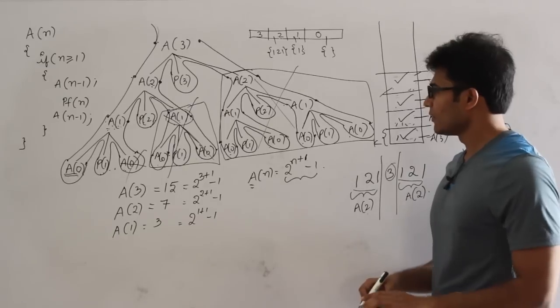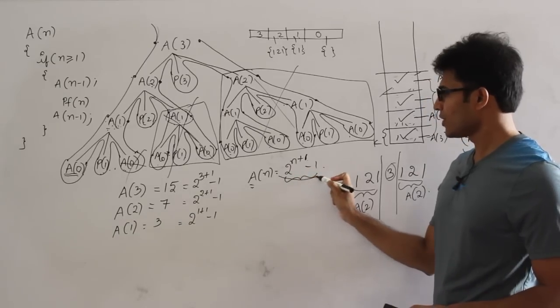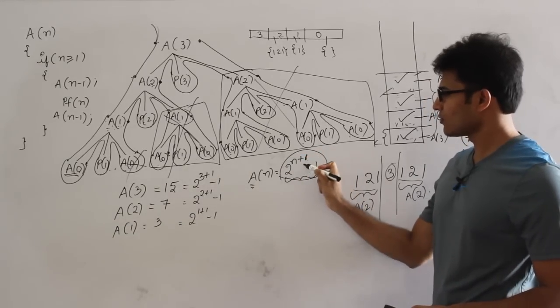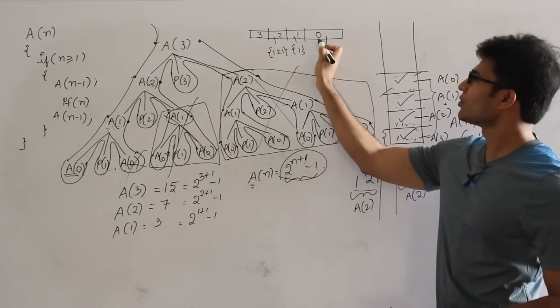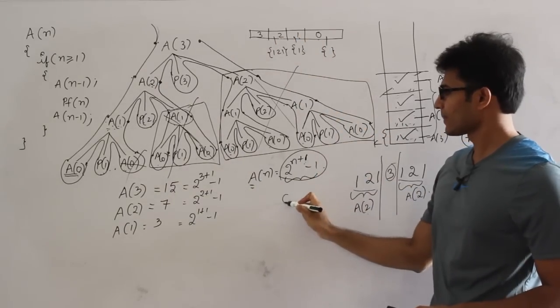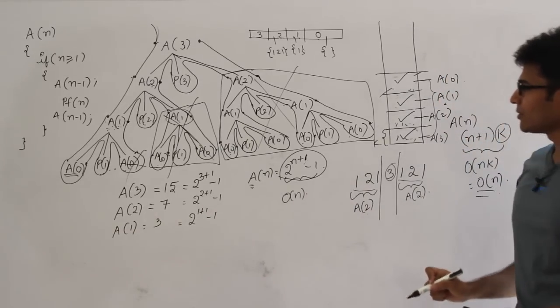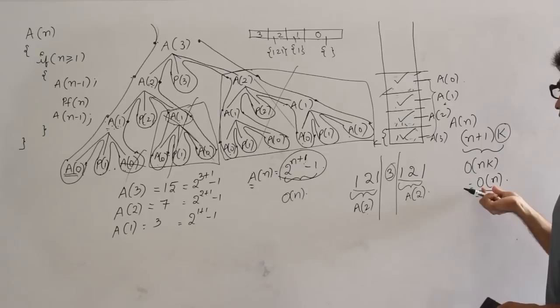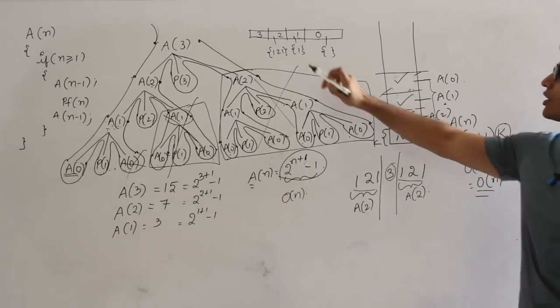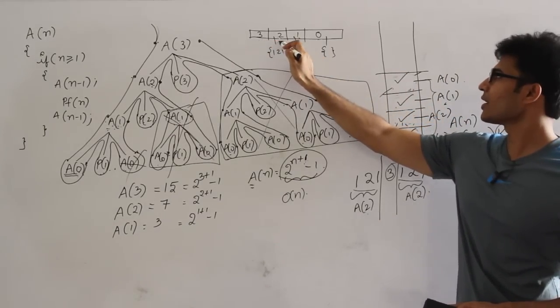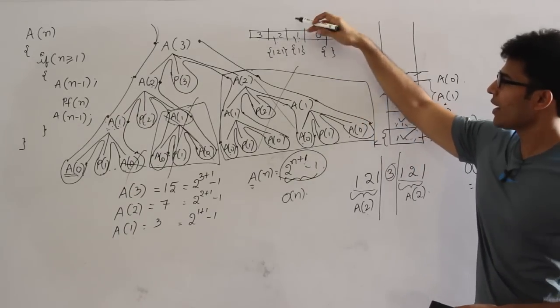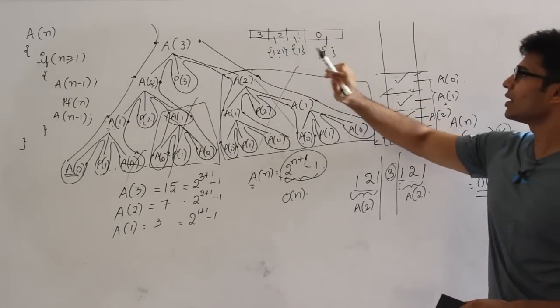One thing is, the number of function calls required without dynamic programming is order of 2 power n plus 1. With dynamic programming it is order of n, isn't it? Then without dynamic programming, the space complexity required is order of n. With dynamic programming, the space complexity required is, I might have to have a table, and in that table I might have to save the outputs.